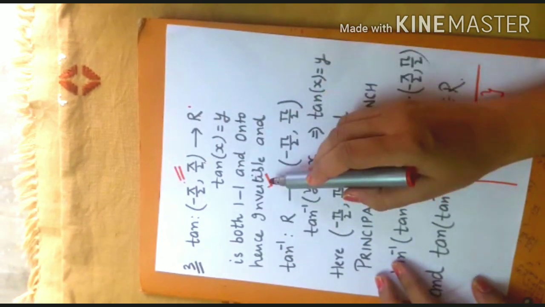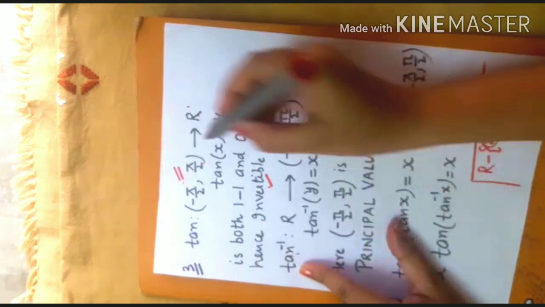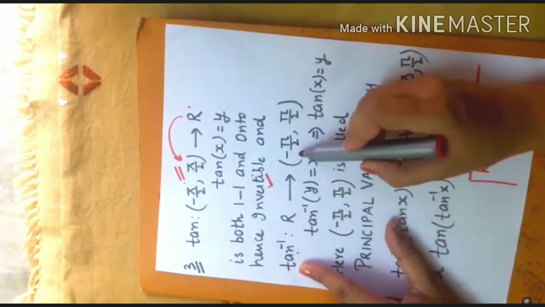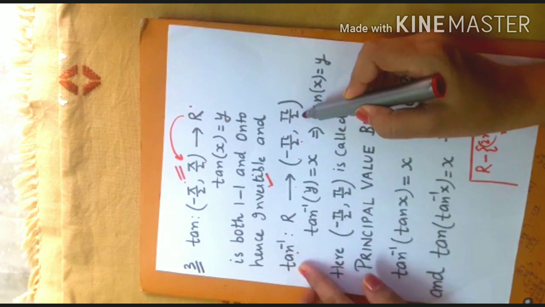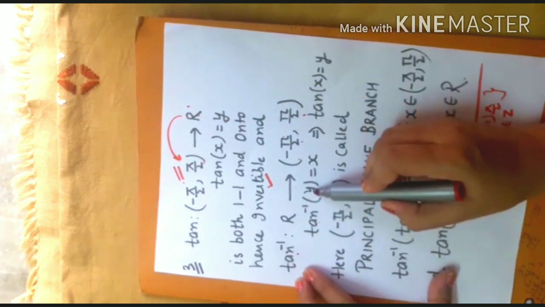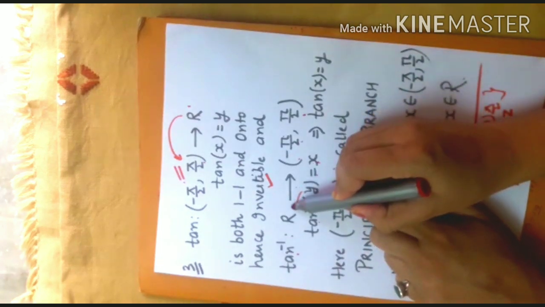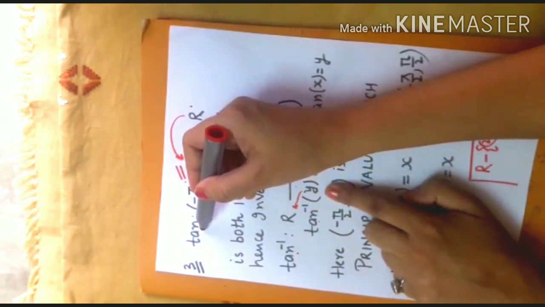That means tan inverse will exist, and tan inverse will be a function from R to the open interval minus pi by 2 to pi by 2. And tan inverse y will be equal to x. Every element will be associated with its pre-image under the function tan.